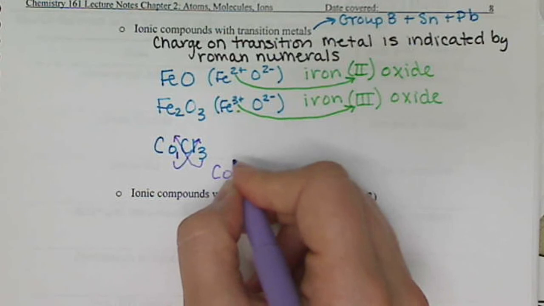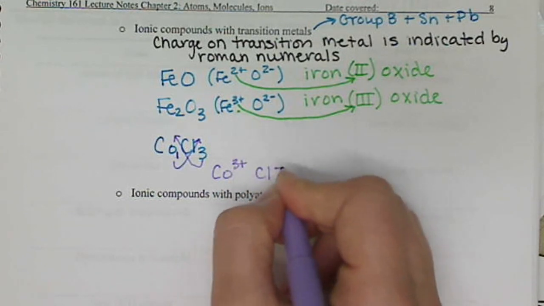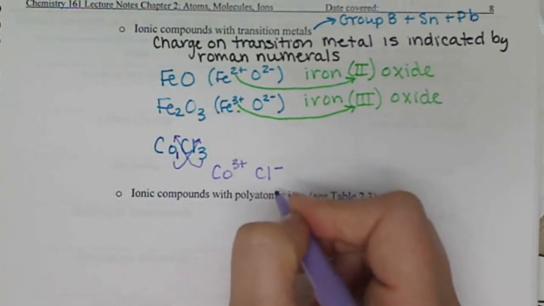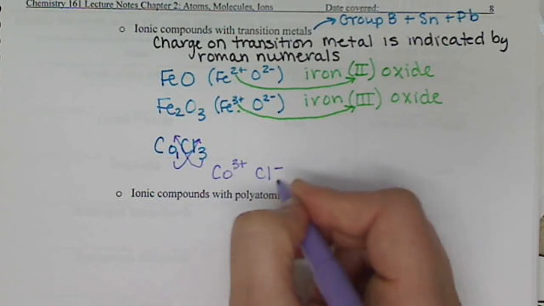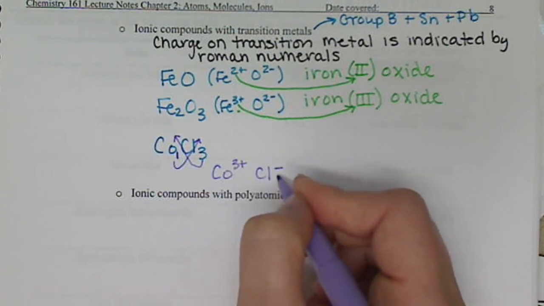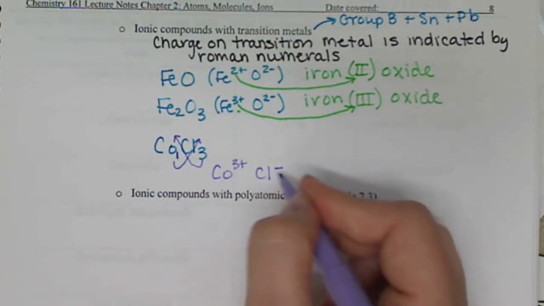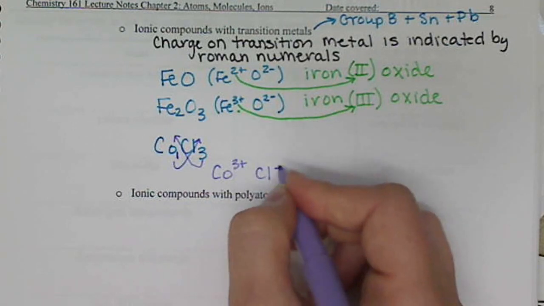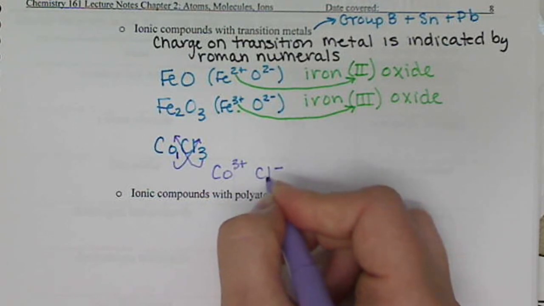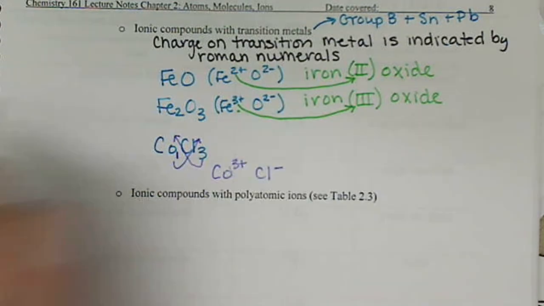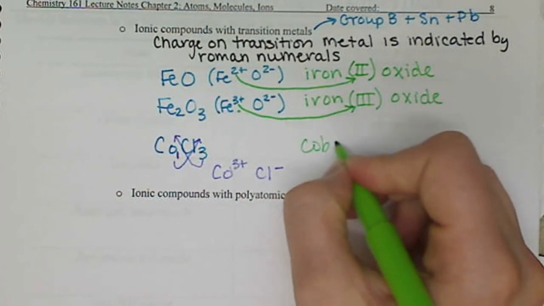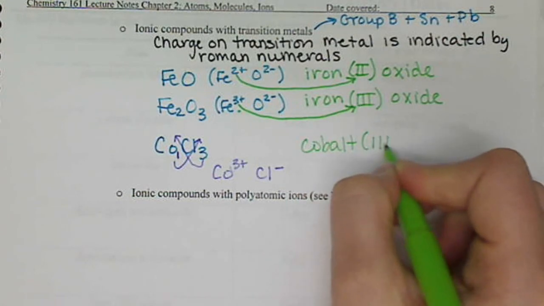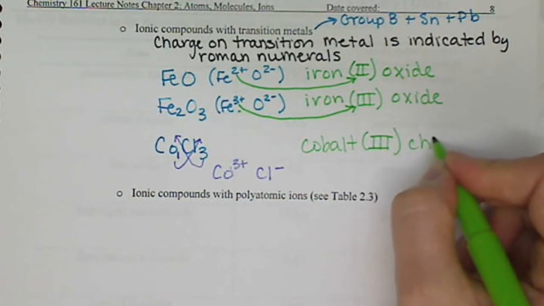So we end up with cobalt 3+, chlorine 3-, or negative, excuse me. We have to make sure that this charge is correct, that we don't need to multiply this by any ratio. This takes on a -1 charge, so this value is correct. So we end up with cobalt(III) chloride.